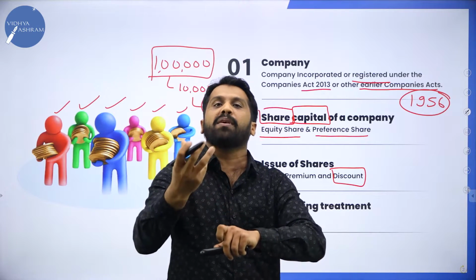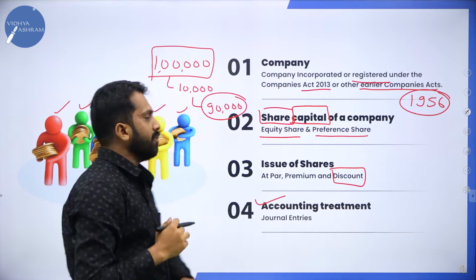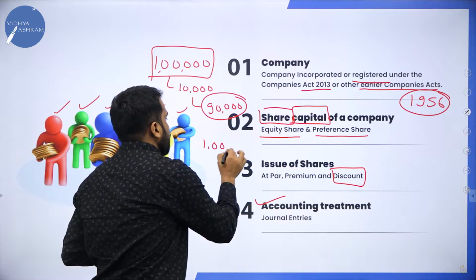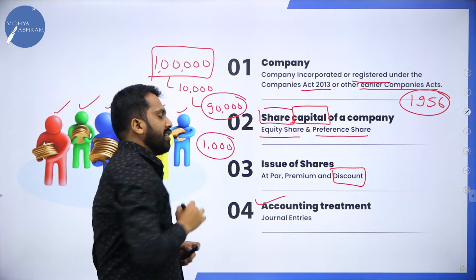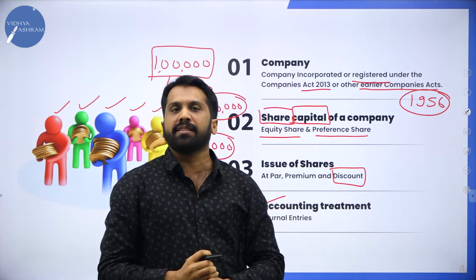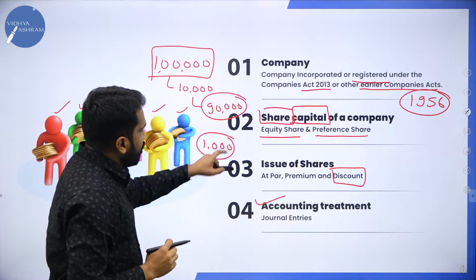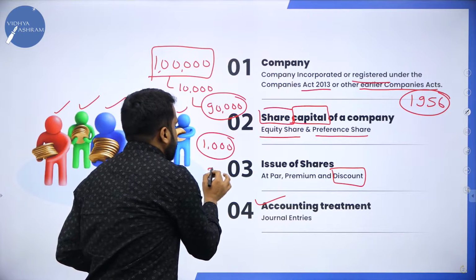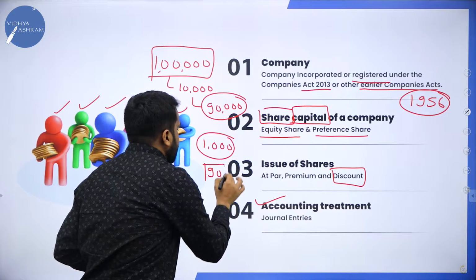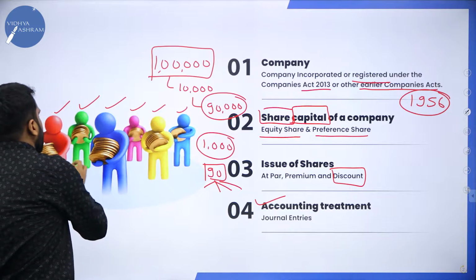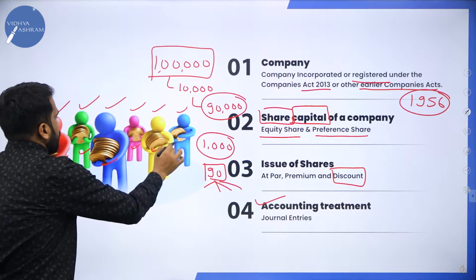So what can I do? I can call the public to invest. Each share value is 1,000. Anybody interested, they can come and invest in our company. So each share value how much? 1000. If 90 members came, public, 90 members, each bought how much? 1000 each.